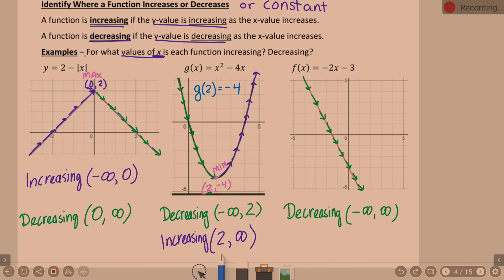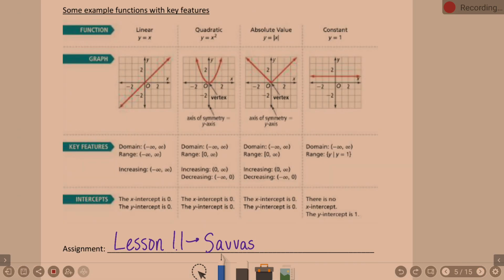Okay, the back page is just a chart, more of a reference chart. It gives you four columns and breaks you up into a linear graph, which is of the form y equals x. I think y equals mx plus b is what you probably think of the most. So linear, a diagonal line.